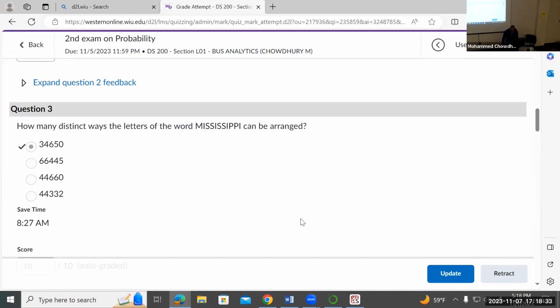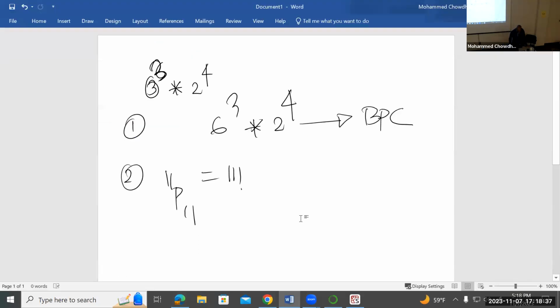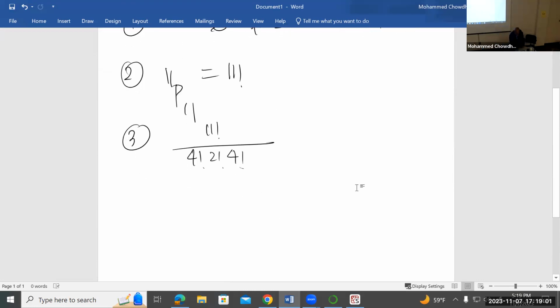So number 3 is factorial 11 over factorial 4, factorial 4, factorial 2, because Mississippi has 4 I's, 2 P's and 4 S's. So number 4.